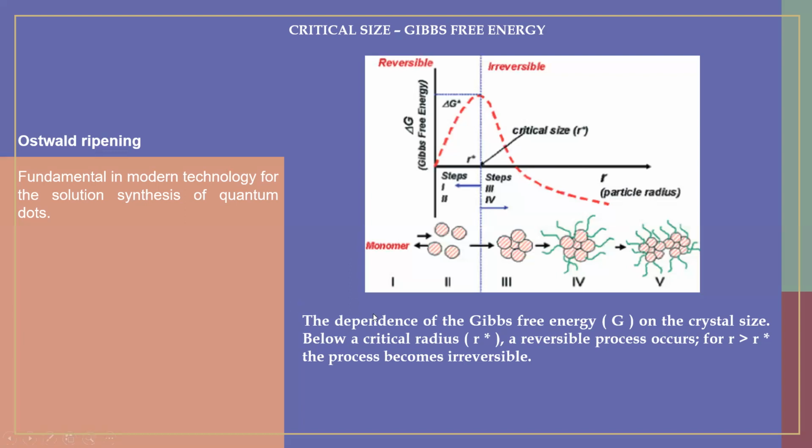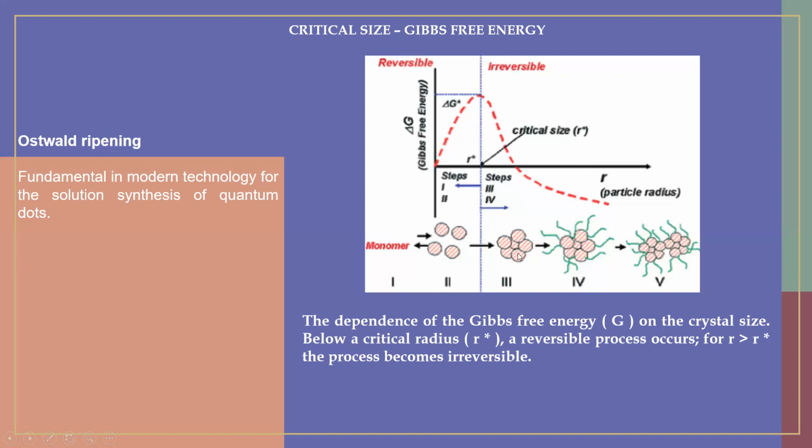The dependence of Gibbs free energy G on radius is represented by this graph. We can say that there are processes here. First, monomers aggregate together and grow up to the critical radius R star.